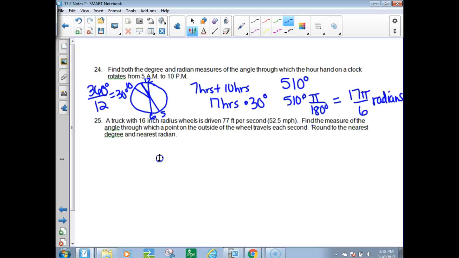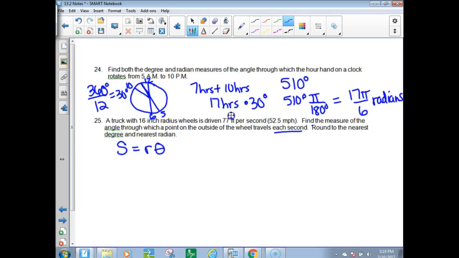Okay, so if we want to figure out what's going on, we know that there's an arc length formula that says S equals R times theta. Well, what have we got that we could fill in? If it's going 77 feet per second, then it's traveling 77 feet in a second.